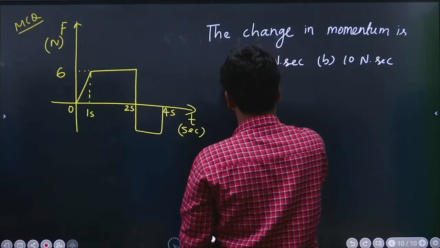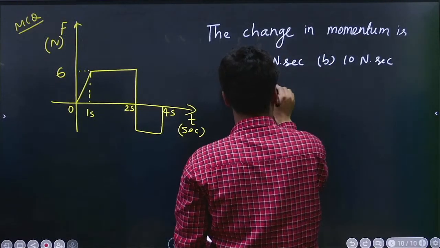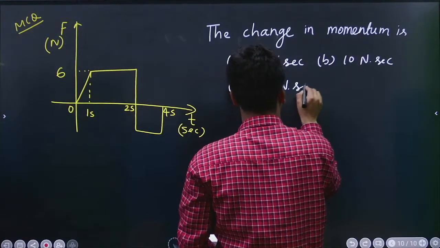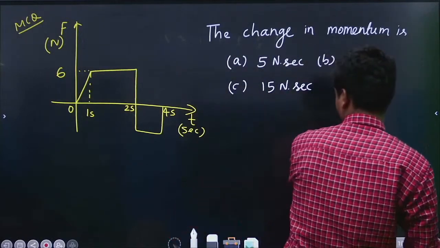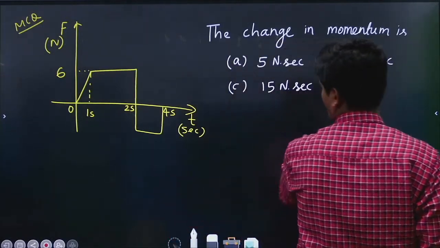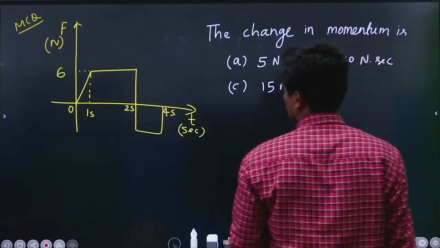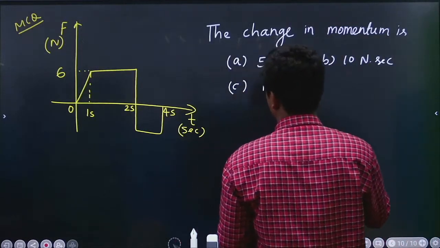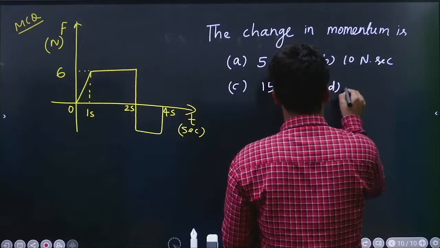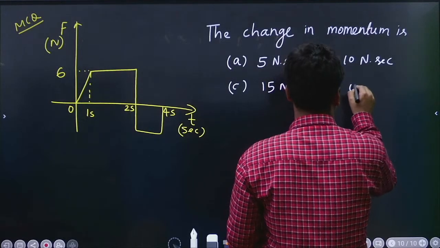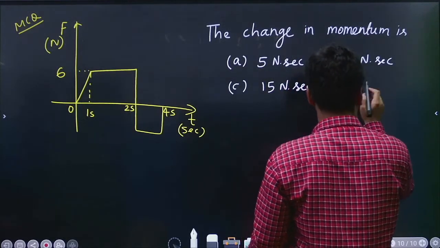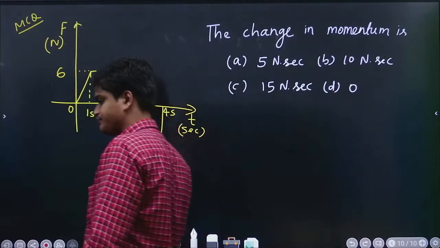Option C, 15 Newton into second. And option D, 0. No worries, we'll see.